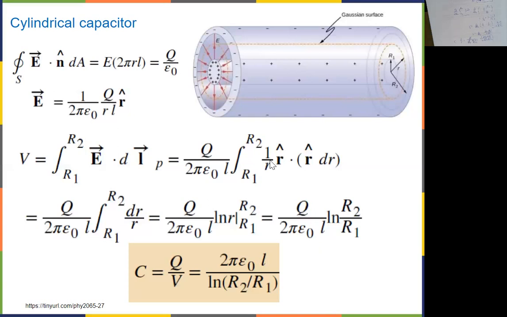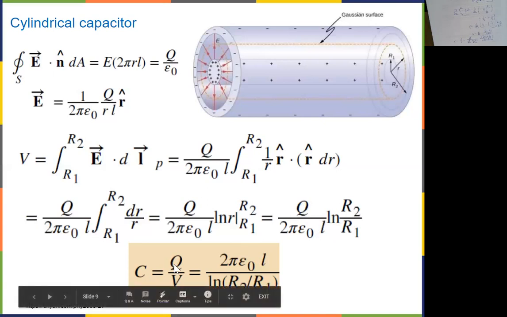This time, you are integrating 1 over r dr, which will give you the natural logarithm of r. Then you plug in the two limits there: Q over 2 pi epsilon naught times L, ln of R2 over R1. Okay, so this is your V.